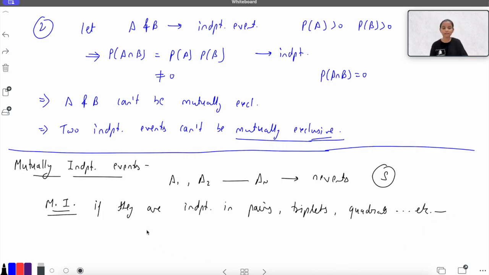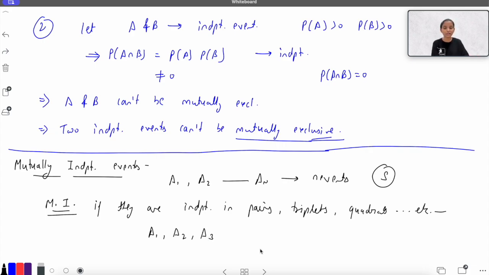For understanding this case, let's consider a very simple thing. I am considering three events, A1, A2, A3. Now there are two things that we usually hear. One thing is pairwise independent, and the other thing is mutually independent.